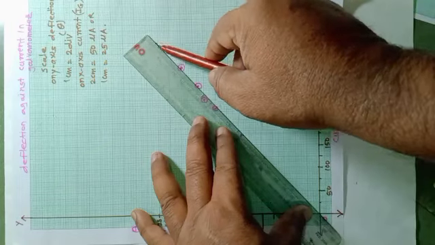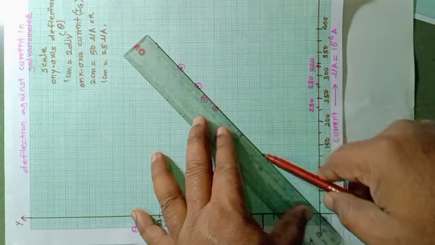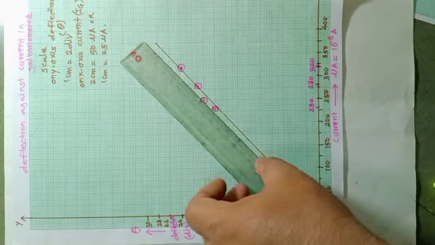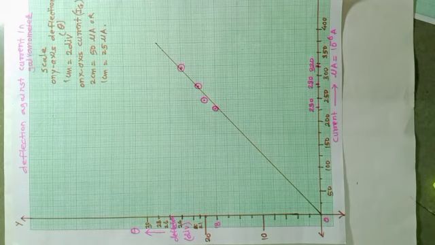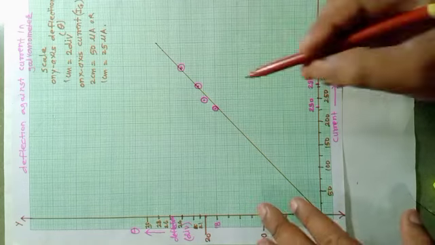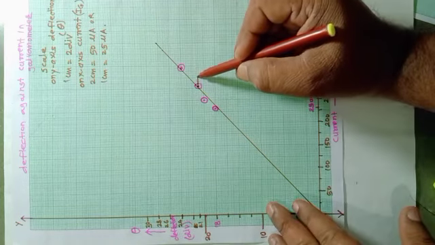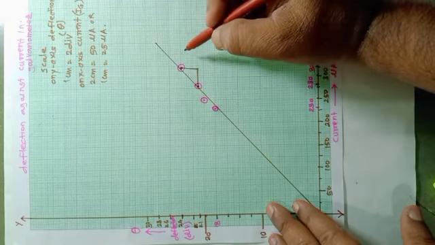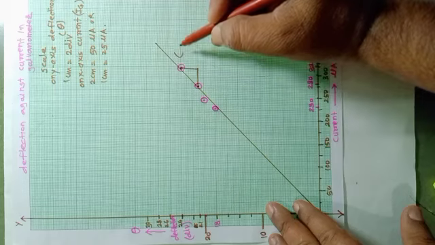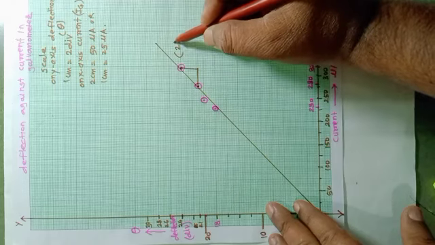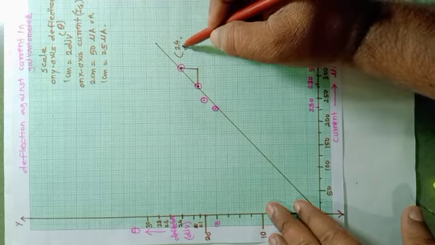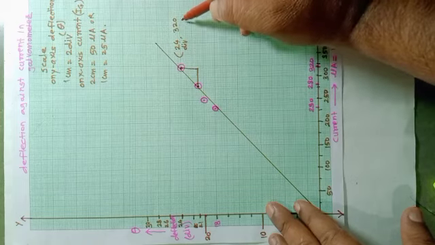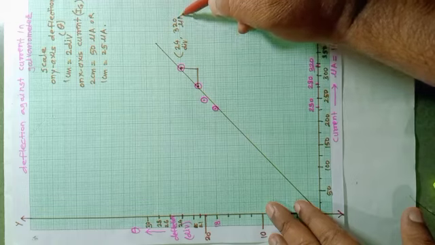If we draw a straight line passing through origin, then we can find out a slope. For finding slope, here the 2 coordinates on y-axis and x-axis are 24 division and 320 microampere.